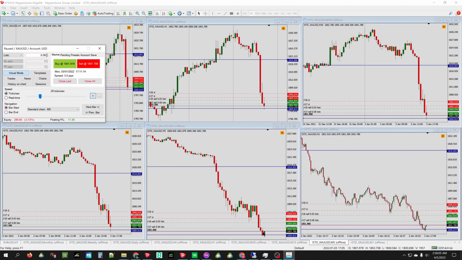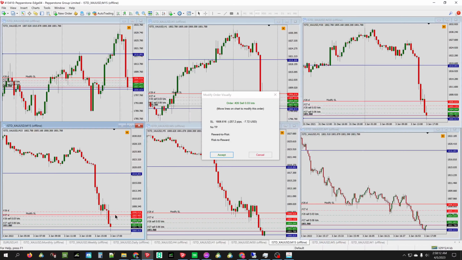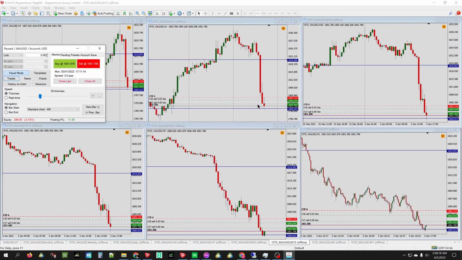As the M5 time frame is a weak confirmation time frame, I will place the stop loss above the M15 candle high, which is also the M30 candle high, which is also the H1 candle high, and I will let it run.